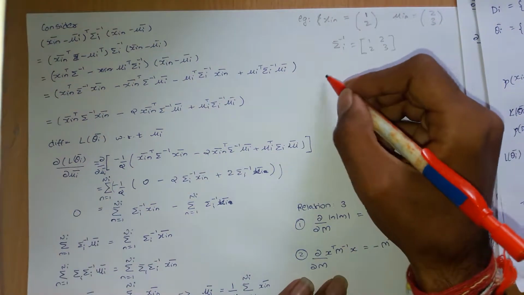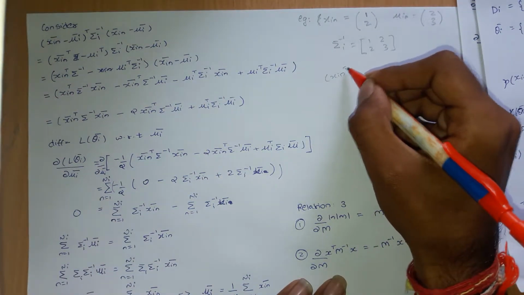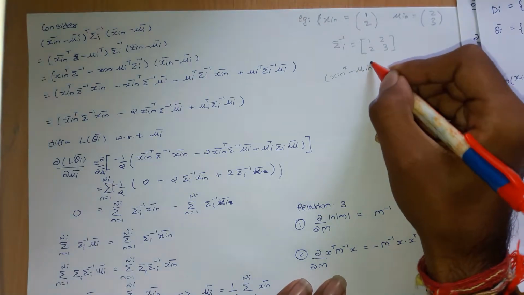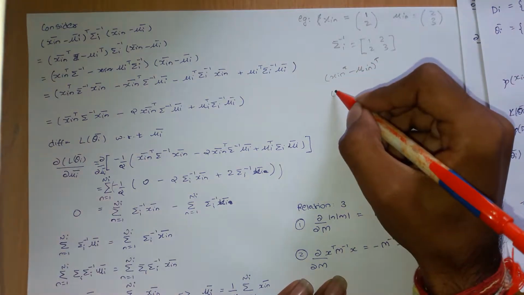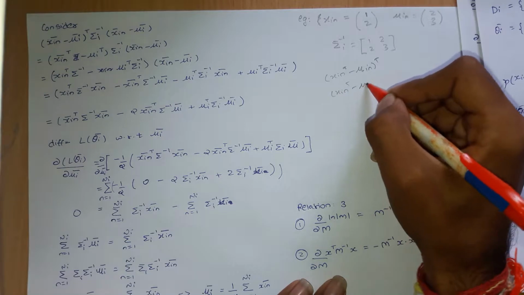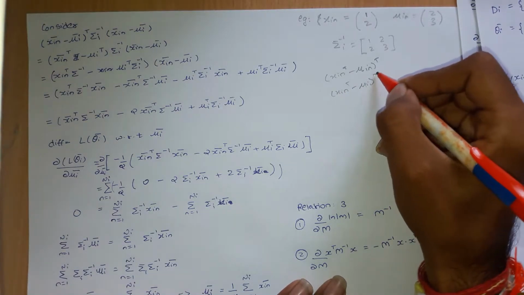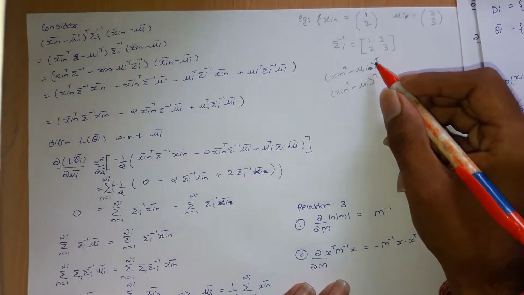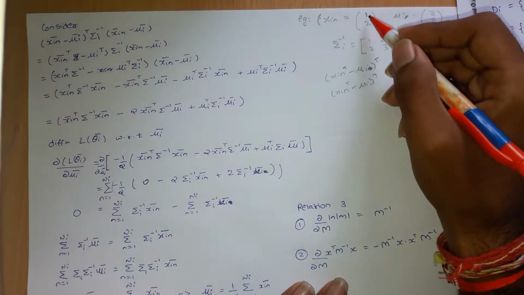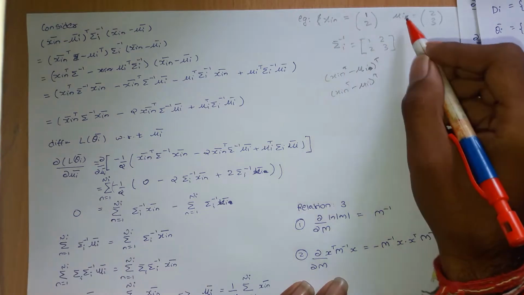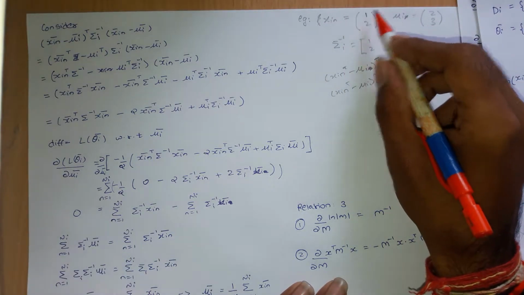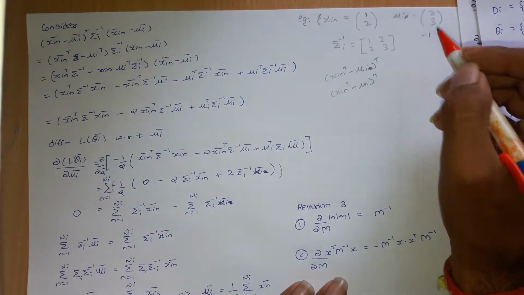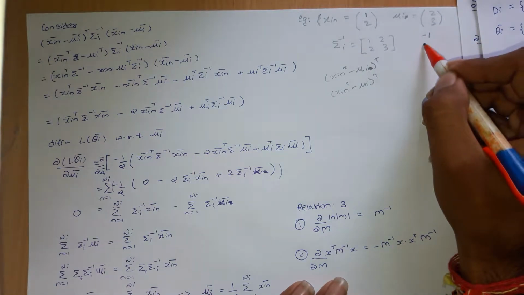So now when I say (x_n minus mu_i) transpose, this can be written as x_n transpose minus mu_i transpose. So there is no n over here. So how can I do this? Because x_n minus mu_i is nothing but 1 minus 2, that is minus 1, and 2 minus 3, that is also minus 1.